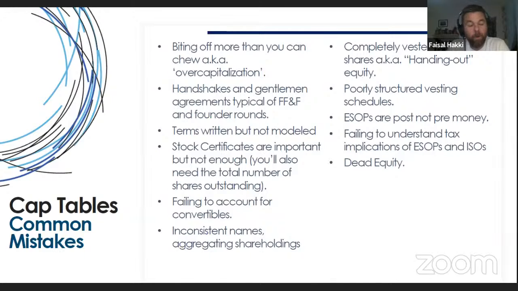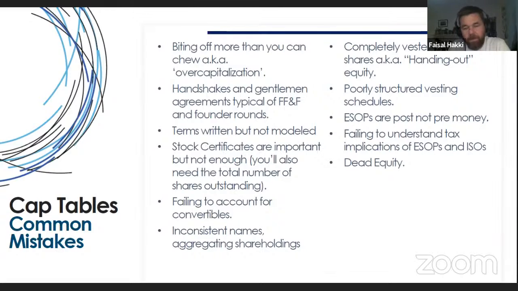And if they're awarded at a later stage, when they're worth a lot of money, you might wipe out any economic or cash-based incentive that that employee has. So the way to avoid that is, build the vesting schedules, but don't build them too far into the future. In my opinion, most vesting schedules should happen between 18 to 24 months.